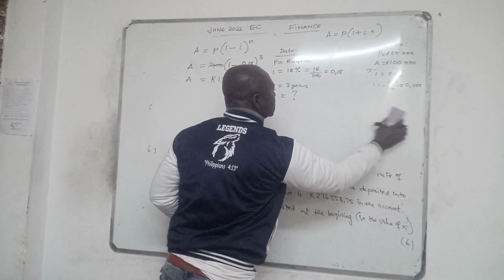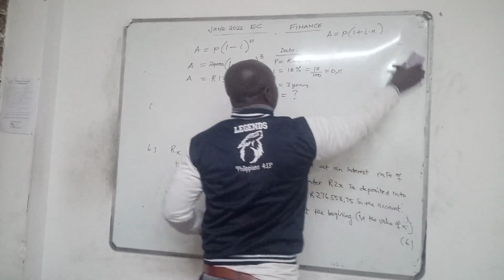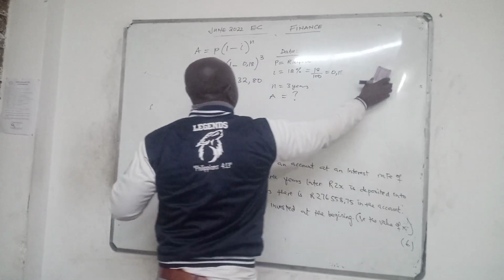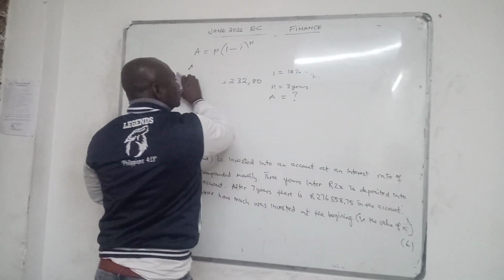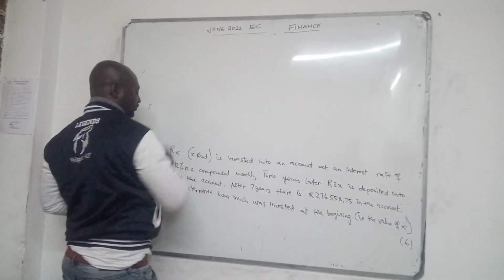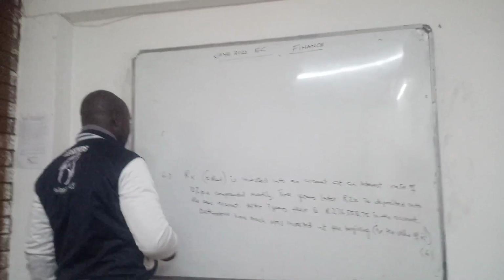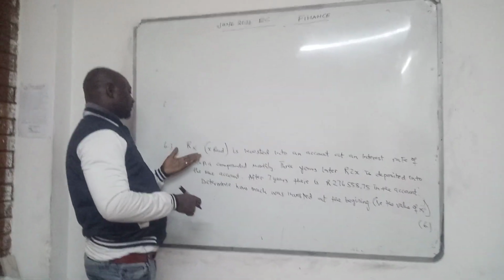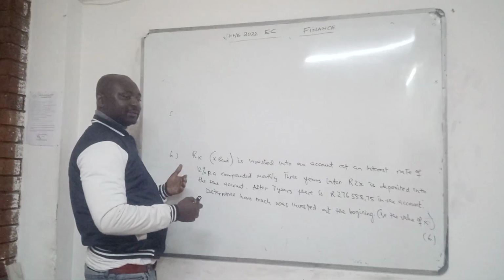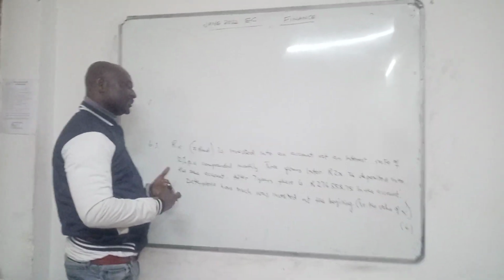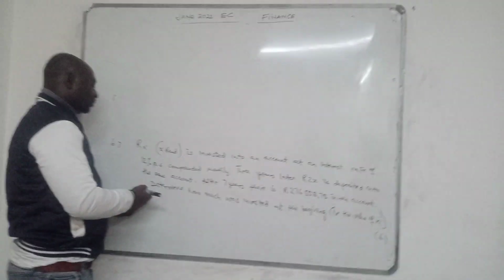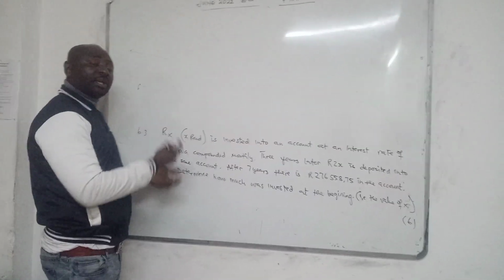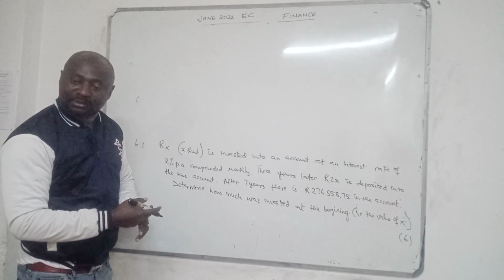Let's get it out and go to the Almighty Killer. The question here is saying that X rand, that means a certain amount of money, was invested into a certain account at an interest rate of 12% per annum. We don't know how much money was invested.